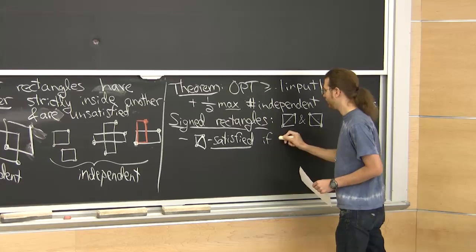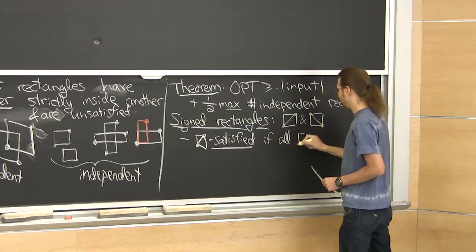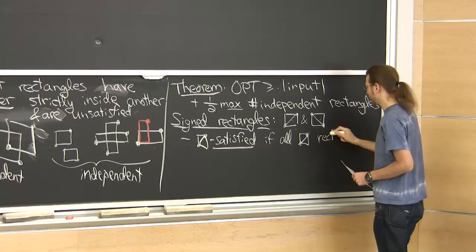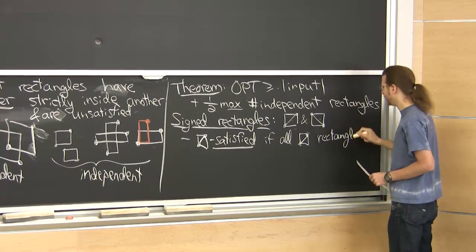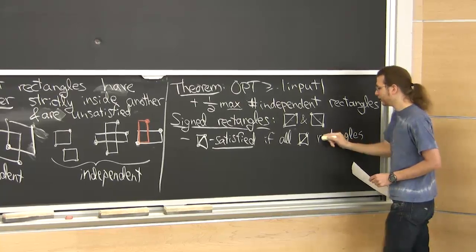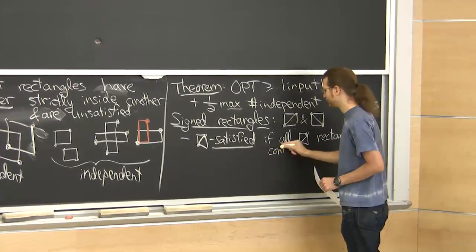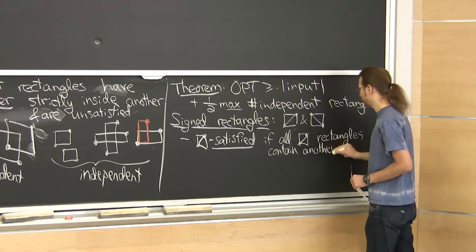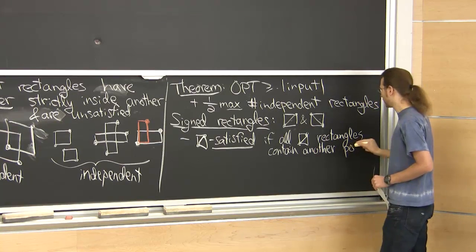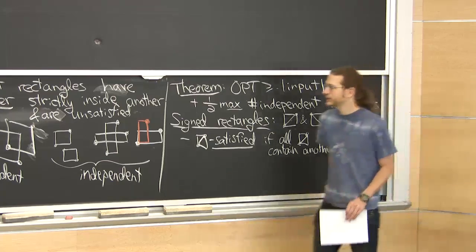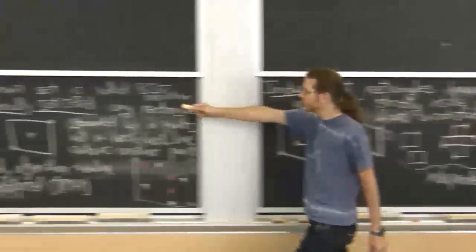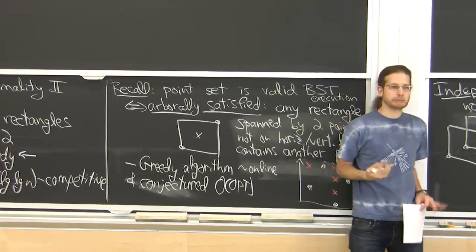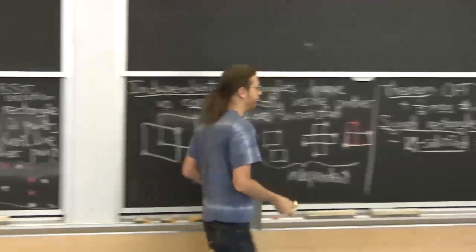If all plus rectangles that are not on a horizontal or vertical line contain another point. Okay, so a point set is arborally satisfied if and only if it is plus satisfied and minus satisfied. Okay, just breaking apart that definition into two parts.